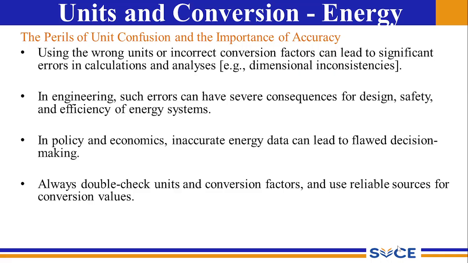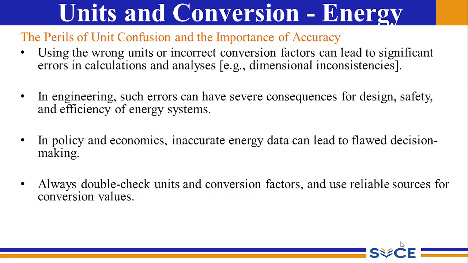Joule to calorie is very important, and how do you take it into consideration? If you take the conversion, 1 calorie is equal to 4.184 joules. Certain sources may even round the value and say 1 calorie is equal to 4.18 joules.